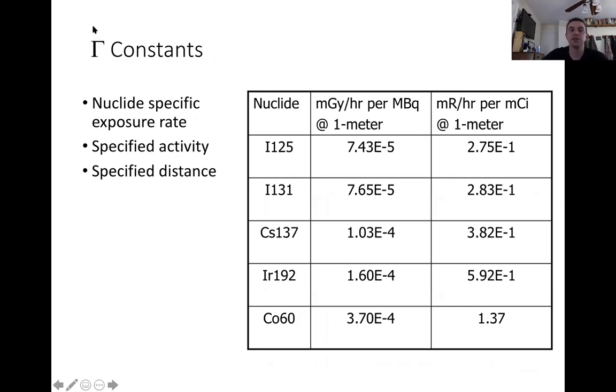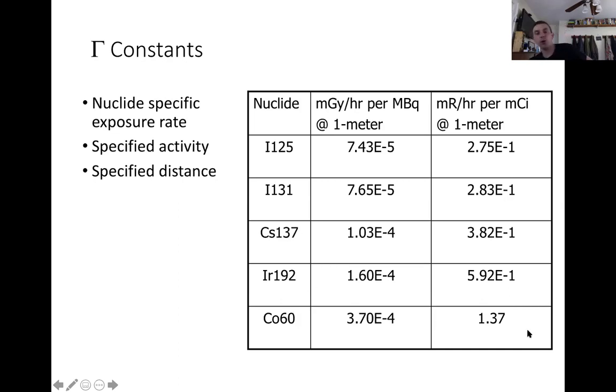Gamma constants are important. We use them in relation to shielding, but a gamma constant really is just the amount of radiation at a certain distance that an isotope gives off for a certain activity. Some isotopes will have many more gammas per decay. They might have high energy electrons. Mostly it's just the actual number of gammas that the isotope gives off that dictates its gamma constant.